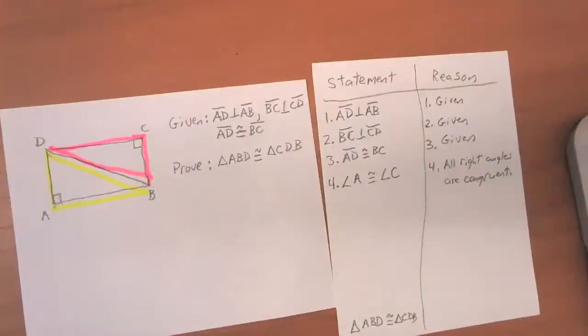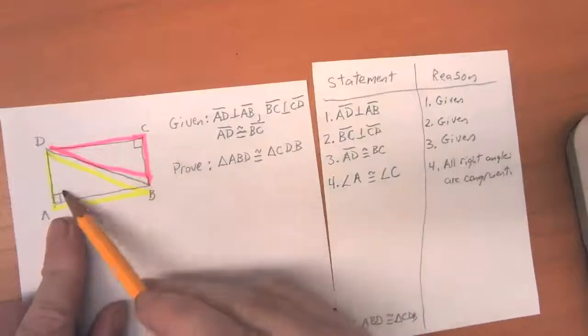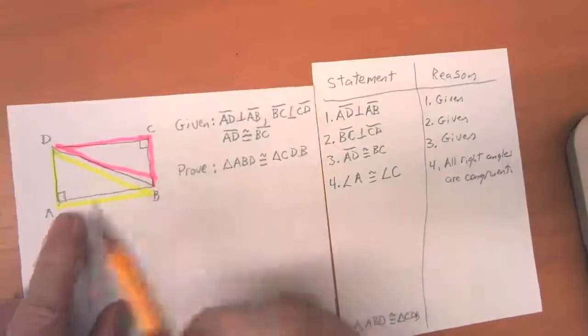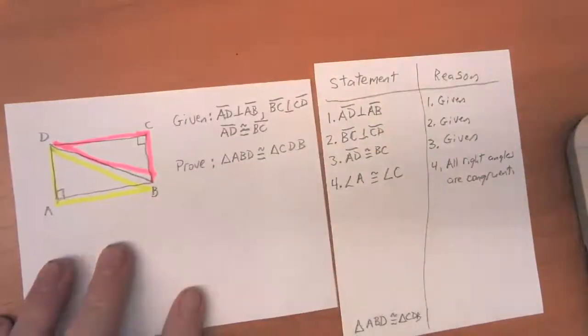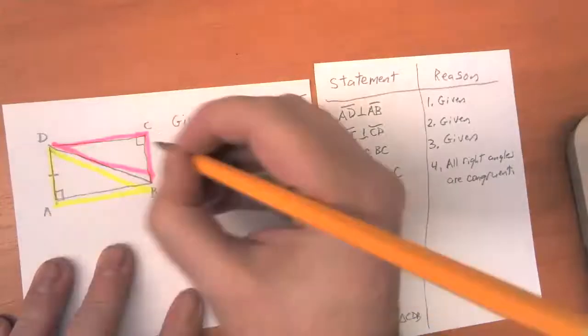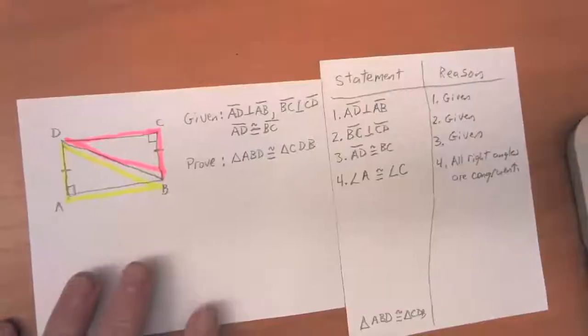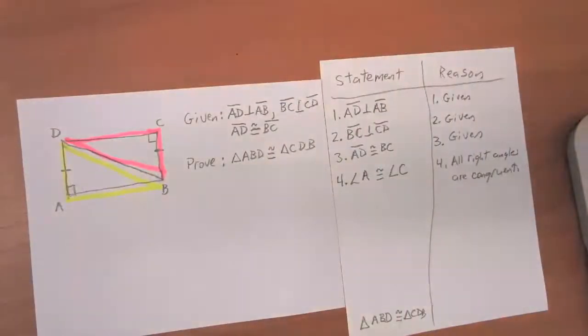All right. So you can see in step 4, we already proved that these two angles are congruent to each other. We also had given that these two sides were congruent to each other. So we've got two pieces of evidence about these two triangles. Where am I going to find my third piece of evidence?